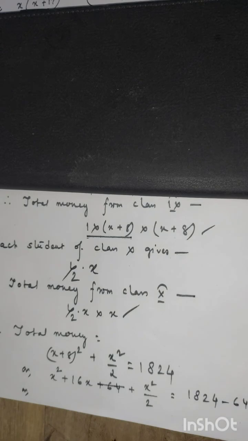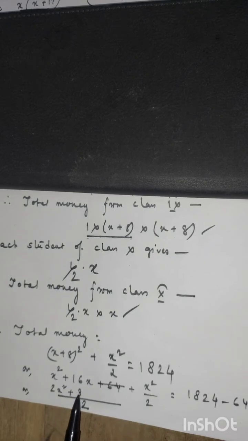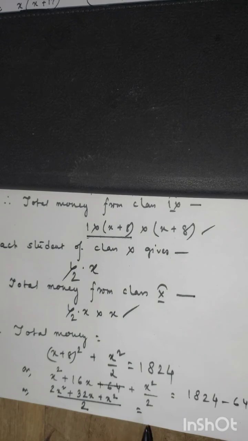Now if we simplify it further, taking 2 as LCM, we get 2x square plus 32x plus x square equal to 0.